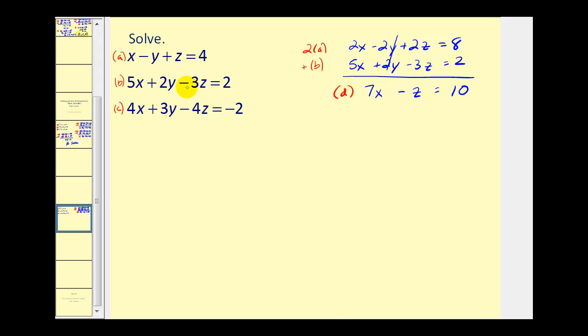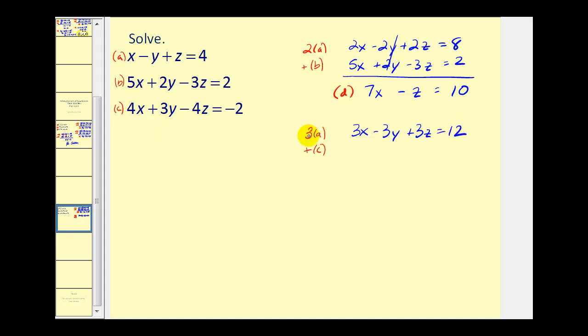Now we'll select two different equations and eliminate y again. So if we work with equation A and equation C, if this is plus 3y, we want this to be minus 3y. So we'll multiply equation A by 3 and add it to equation C. So we'll have 3x minus 3y plus 3z equals 12.